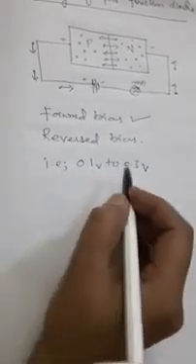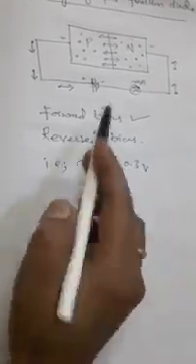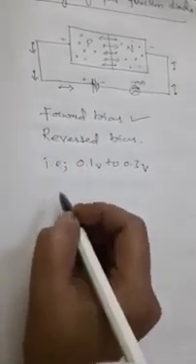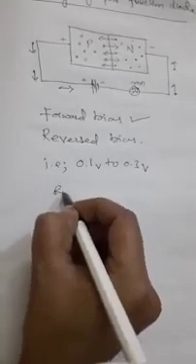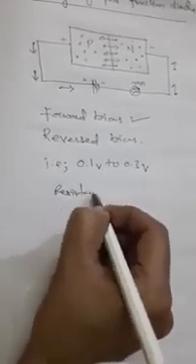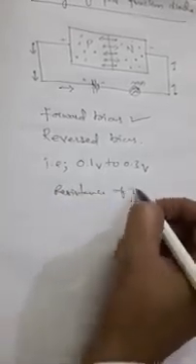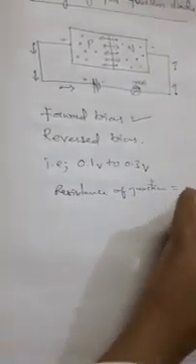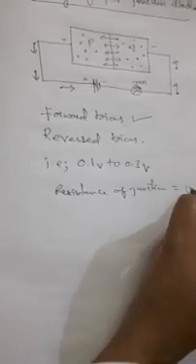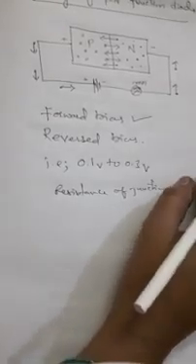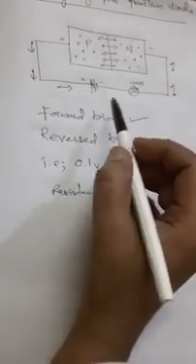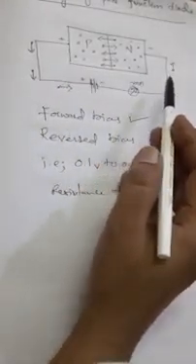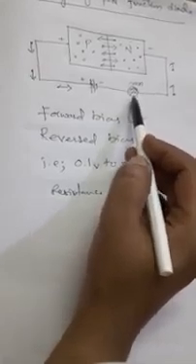Once the barrier voltage is eliminated by the forward voltage, the resistance of the junction becomes almost zero, and because of this a current flows in the circuit, which is known as the forward current, and it can be measured in milliamperes.